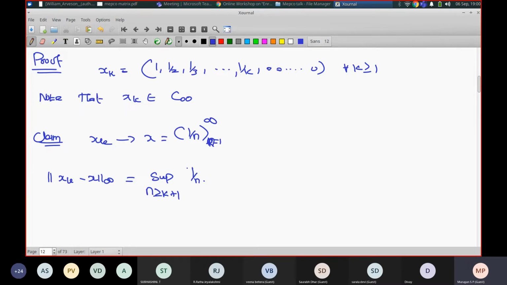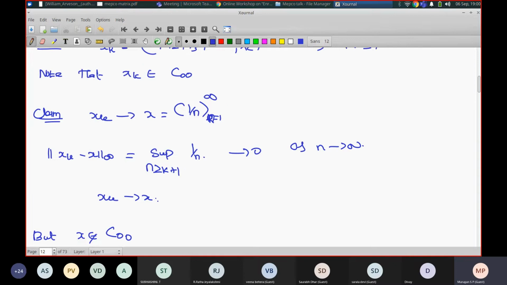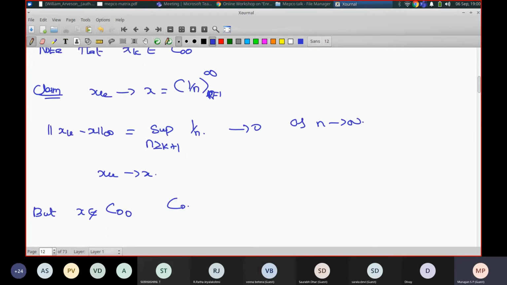Therefore, this supremum tends to 0 as k tends to infinity. Therefore, x_k tends to x, right? But note that x does not belong to c_00.